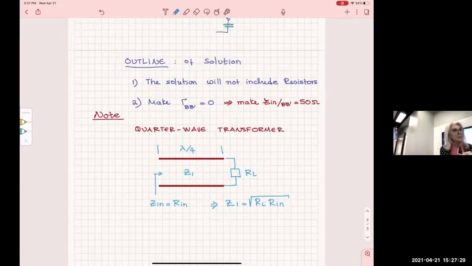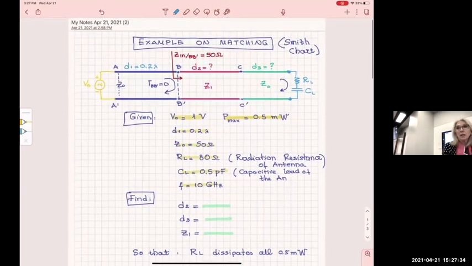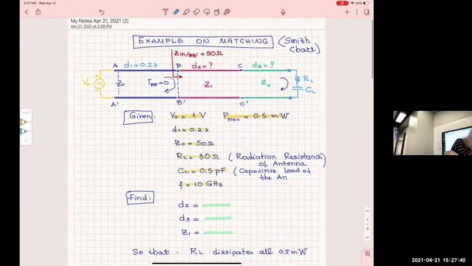Since I know this, I say, what if I go to the green line here and find the length of the green line so that my input impedance here is real? If I could do this, and this input impedance here is real, then my red section can be a quarter wave transformer.